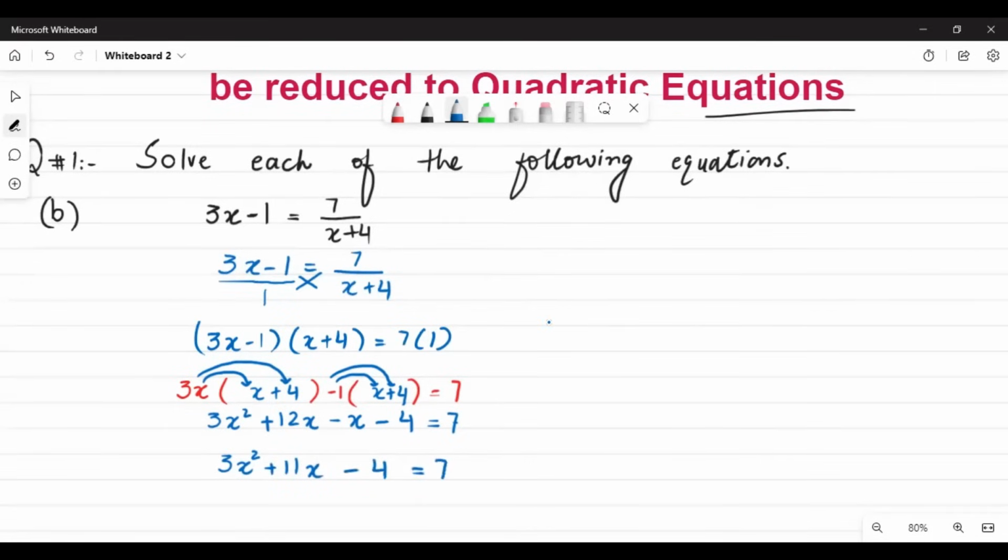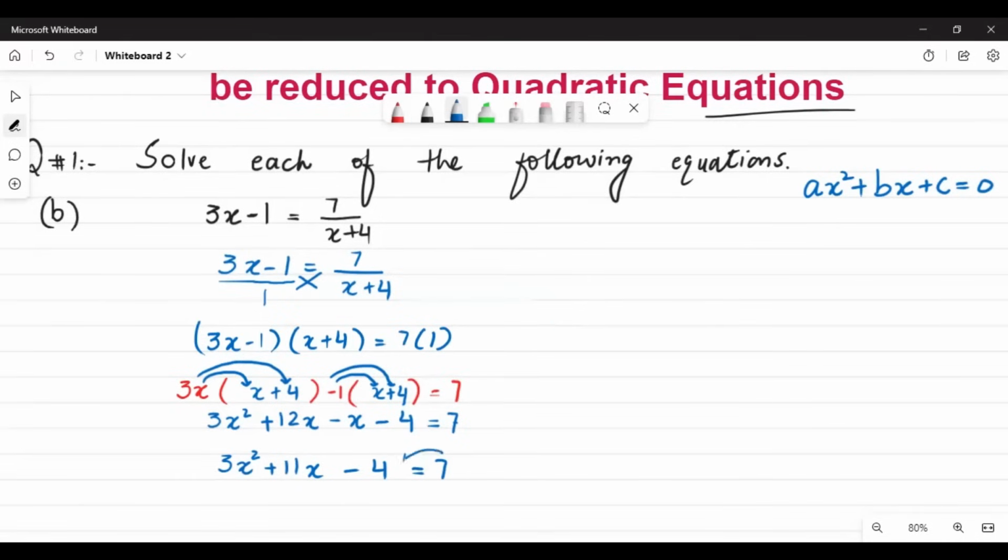As you know, the quadratic equation standard form is ax square plus bx plus c equals to 0. So we need to make it according to this quadratic equation. For that, we need the right side equal to 0. So how can we make the right side equal to 0?